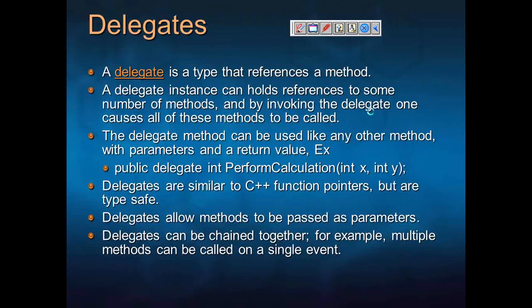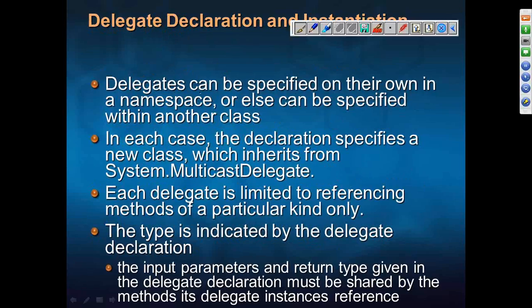As it is a class, we can specify it directly in a namespace, or within another class, because nested classes are also possible. In each case, ultimately, we are adding a class which inherits from System.MulticastDelegate. This is what a delegate is, a class which inherits from this class.